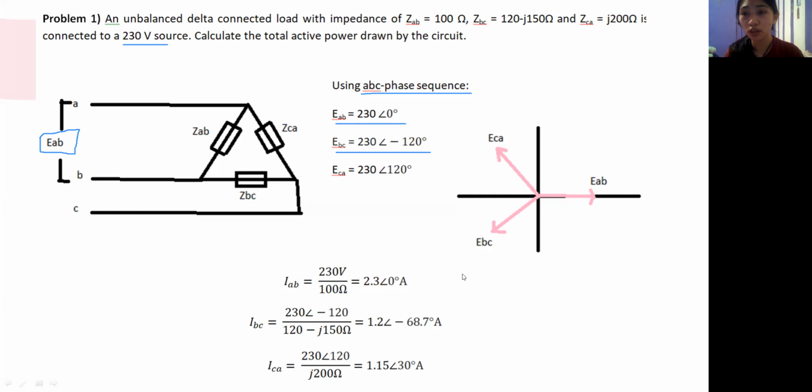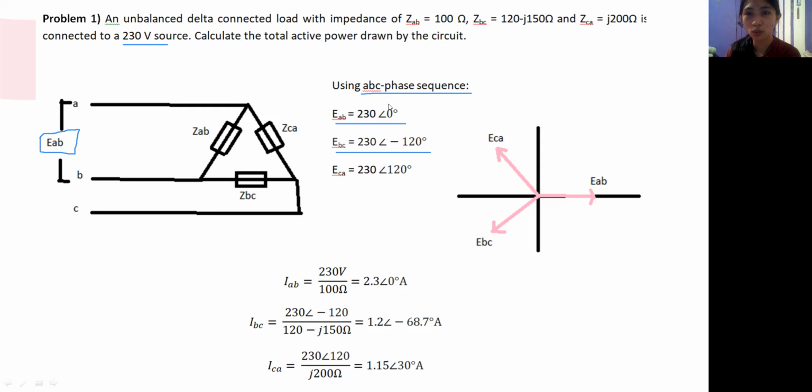We are asked to solve for the total active power drawn by the circuit. In order to solve that, we first have to calculate the respective currents of the given impedances. First is the current IAB.